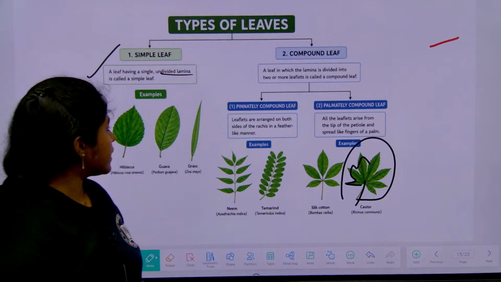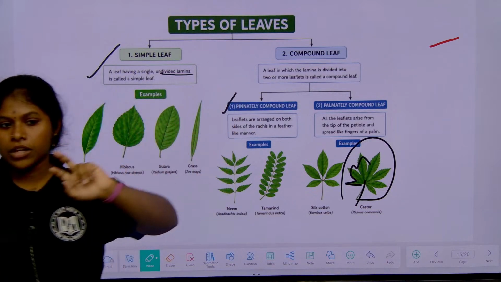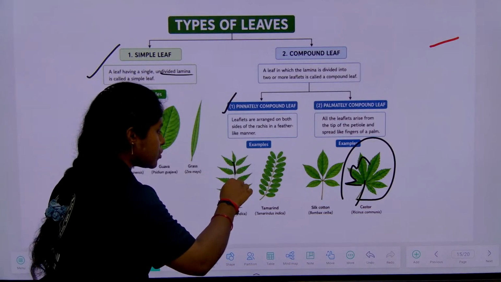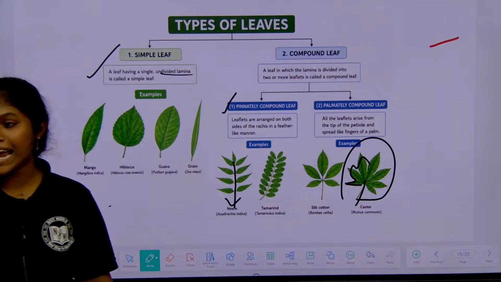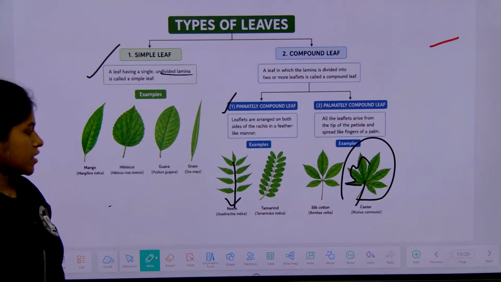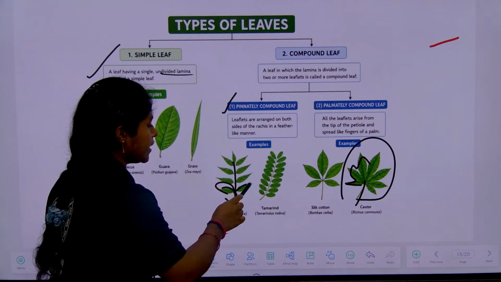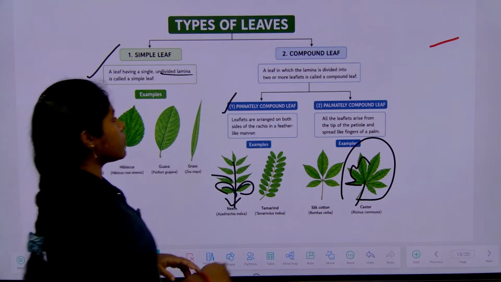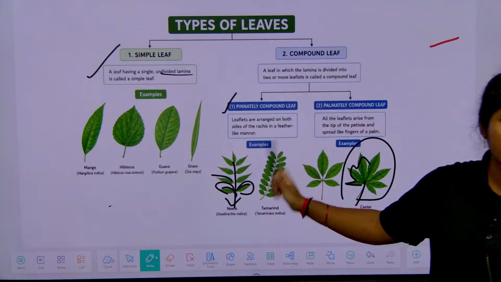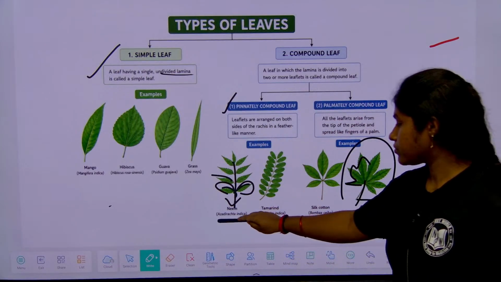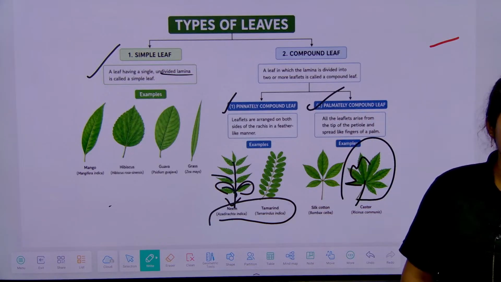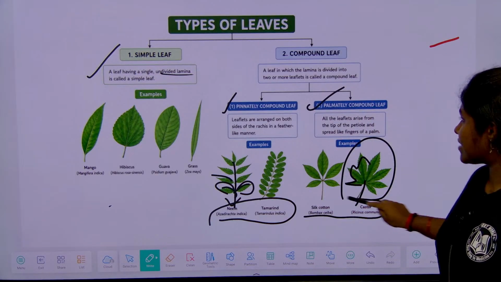In the pinnately compound leaf, we can see numerous leaves attached to one main midrib, that is the rachis. They have many leaves. Examples of pinnately compound leaf are neem and tamarind, and of palmately compound leaf, silk cotton and castor.